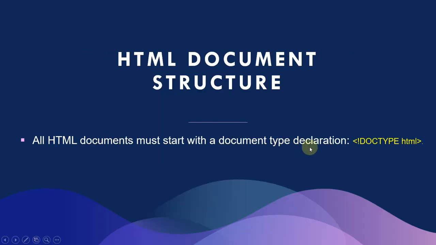First of all, there is a document type declaration. You always have to have this tag at the top of your HTML document. It tells your web browser that this is an HTML document.